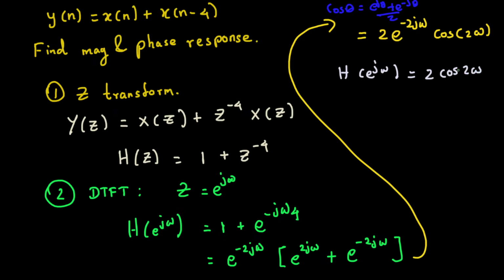That is for the magnitude diagram, and the rest of them is for the phase diagram. This part here is for the phase diagram, this is for the magnitude. And the phase angle of h of e power j omega can be found using this e power minus 2 j omega.